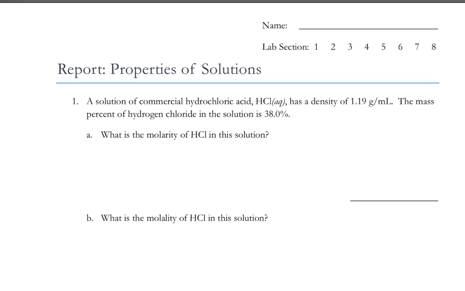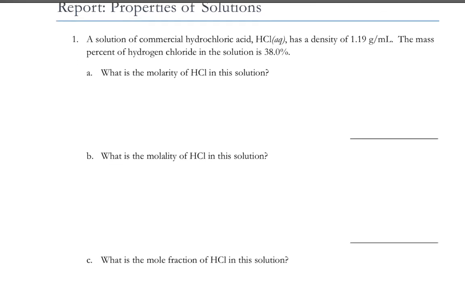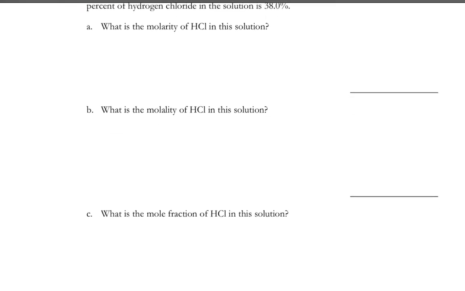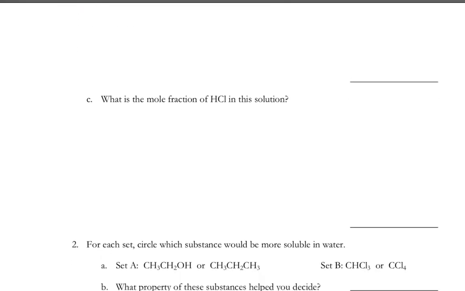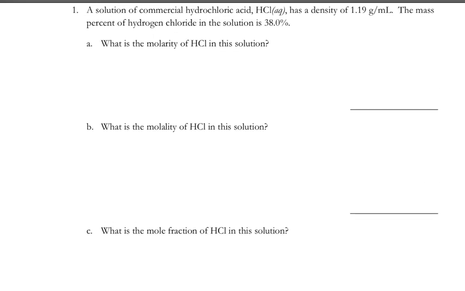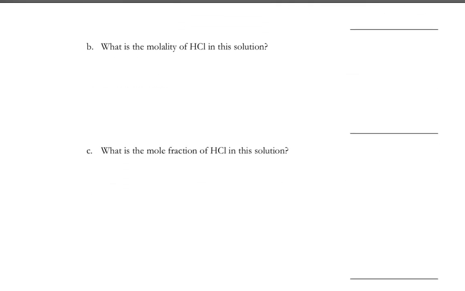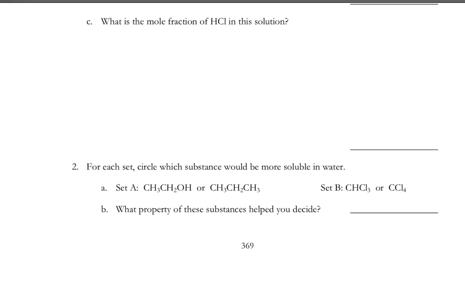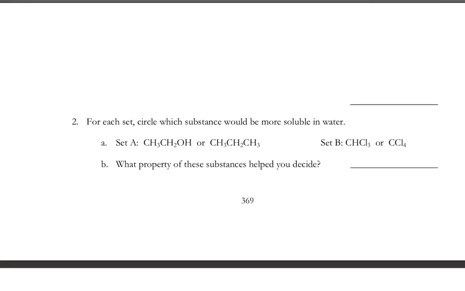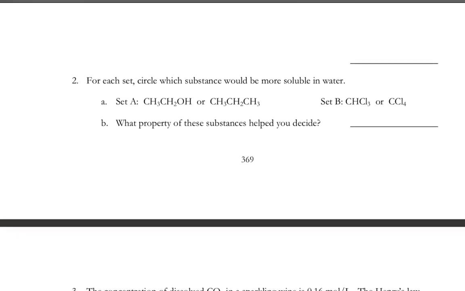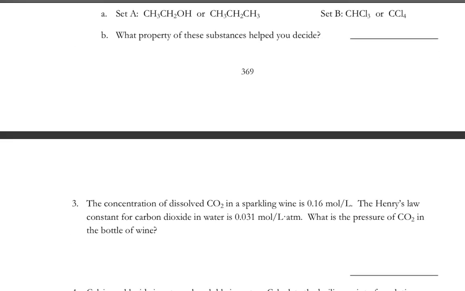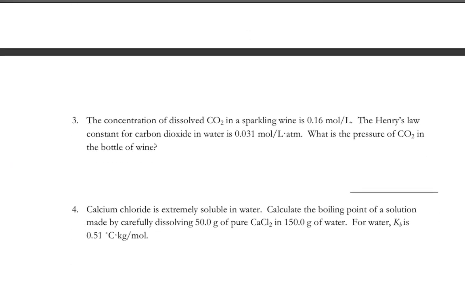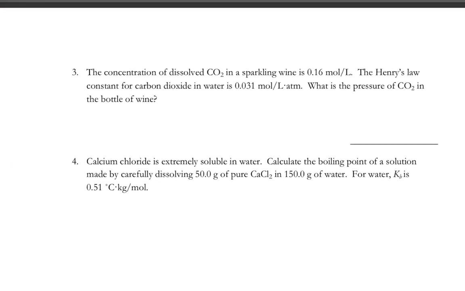So in problem 1, we're working with those different units of concentration: molarity, molality, mole fraction. Number 2, we're asked about solubility, so think of similar properties, polar, nonpolar type stuff. So number 3, we're working with Henry's constant.